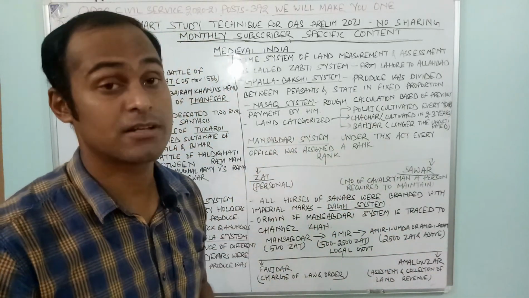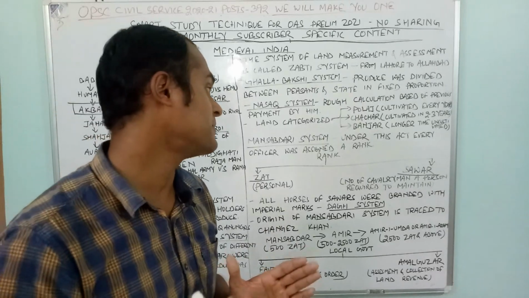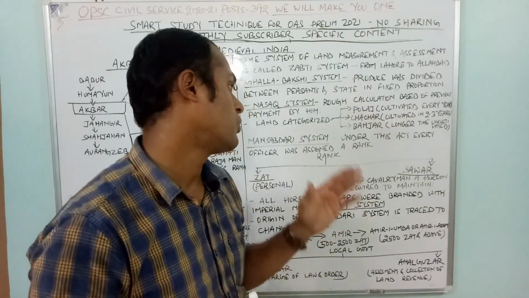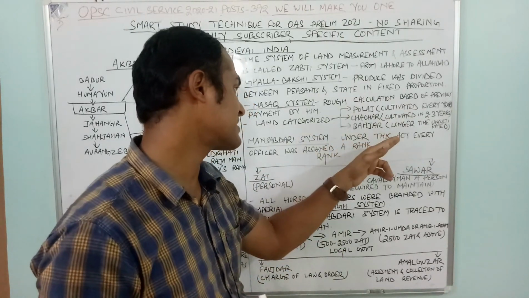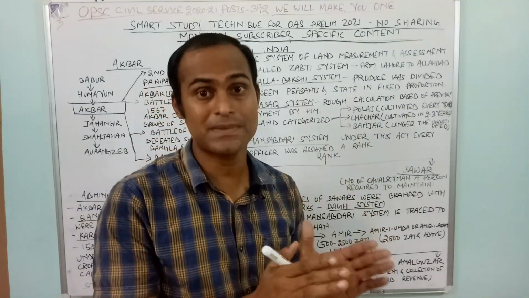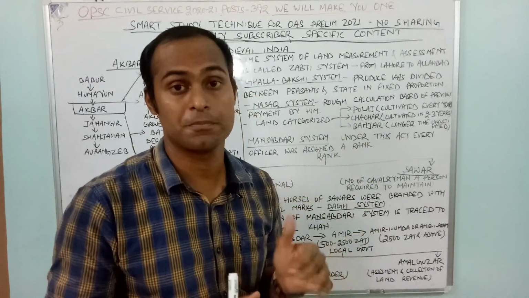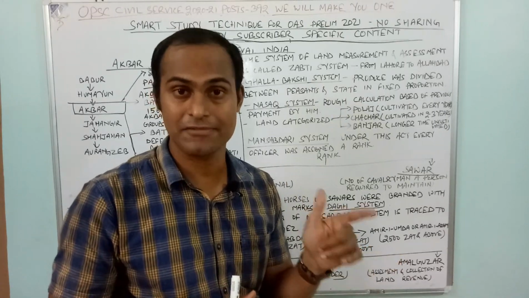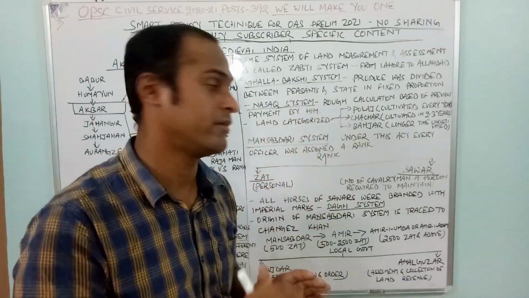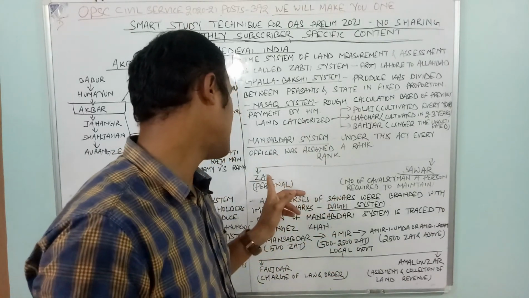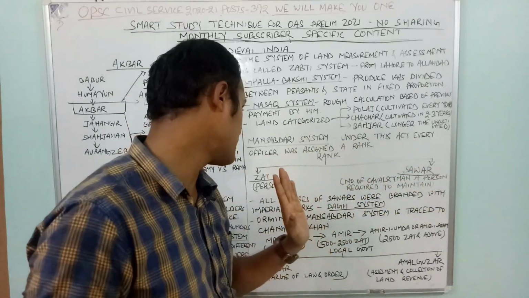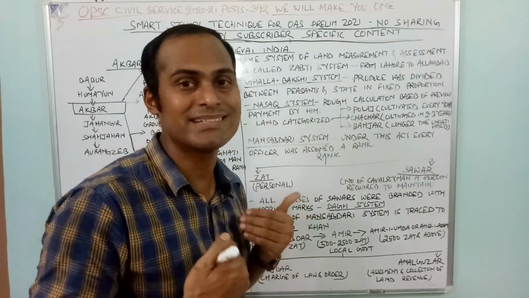Then the Mansabdari system, very, very important. They have asked several questions regarding it. Under this system, every officer, be it military or civil, was assigned a rank by the government. The rank was divided into Jat and Savar. Jat is personal rank, as an individual.